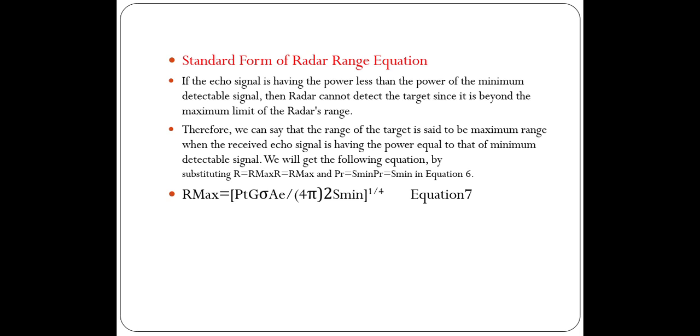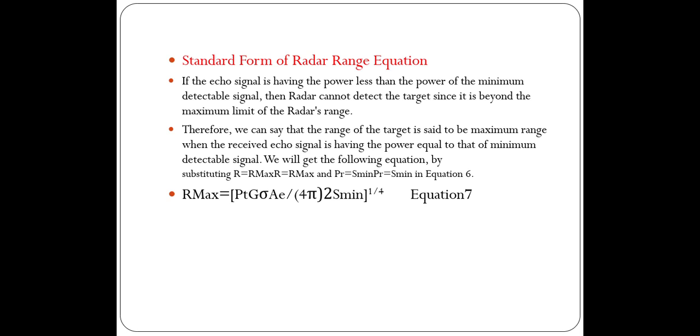So here in this equation, this G is equal to the transmitter gain. Its equation can be written as G is equal to 4 pi AE divided by lambda square.